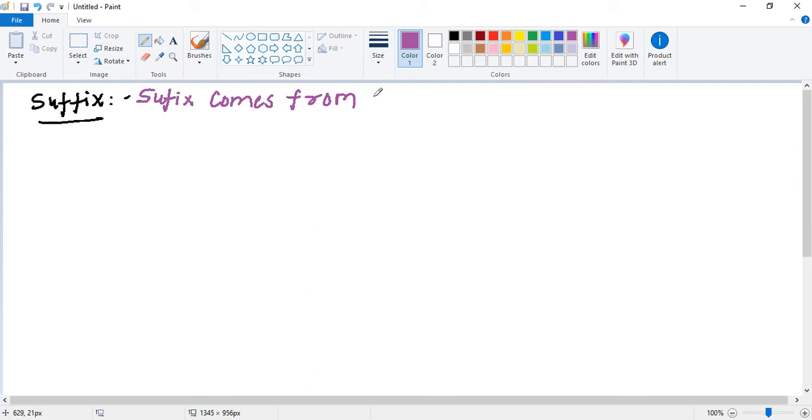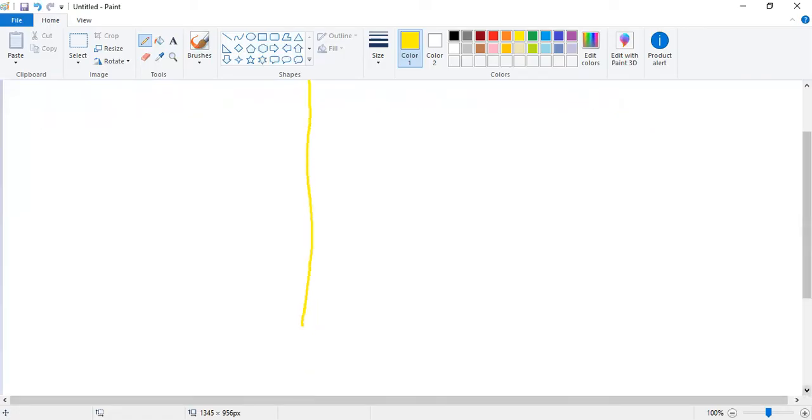Please remember that the suffix comes from the functional group. So we should learn about the various suffixes that come from the various functional groups. Let's study about them in detail.